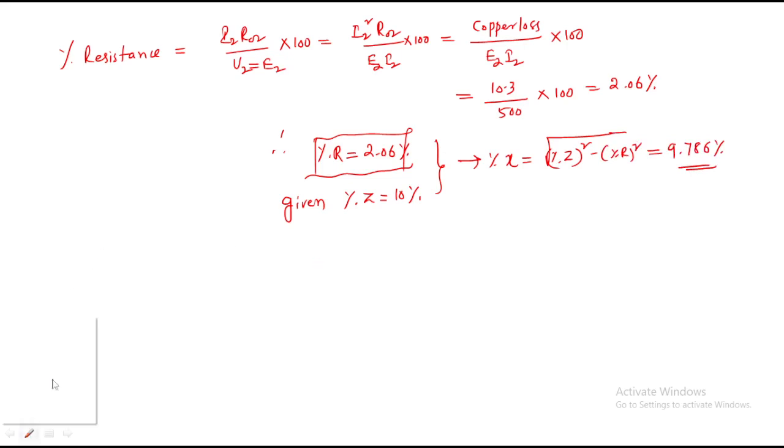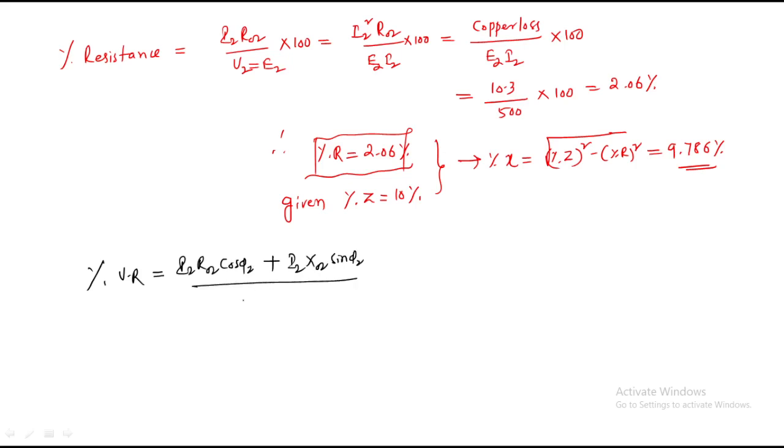Therefore, finally percentage regulation we have to calculate, equal to I2 R02 cos phi 2 plus I2 X02 sin phi 2. Why is it plus? Because he wants the data under lagging condition. By E2 into 100, which is equal to percentage R cos phi 2 plus percentage X sin phi 2, right?